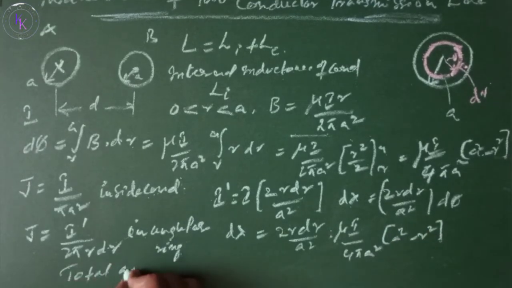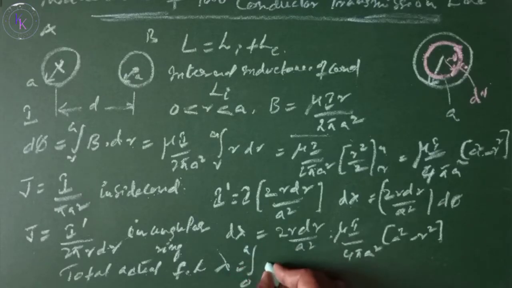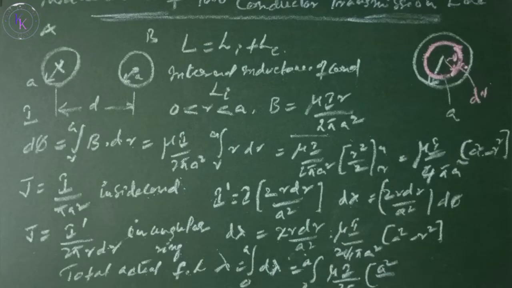The total actual flux linkage inside the conductor is given by lambda, which equals integral 0 to a of d lambda, that equals integral 0 to a of 2 times mu I divided by 2 pi a square, times a square minus r square divided by a to the power of 4, times r dr.